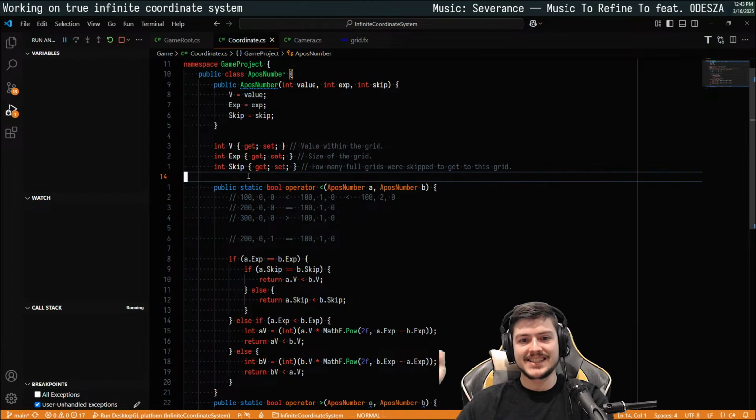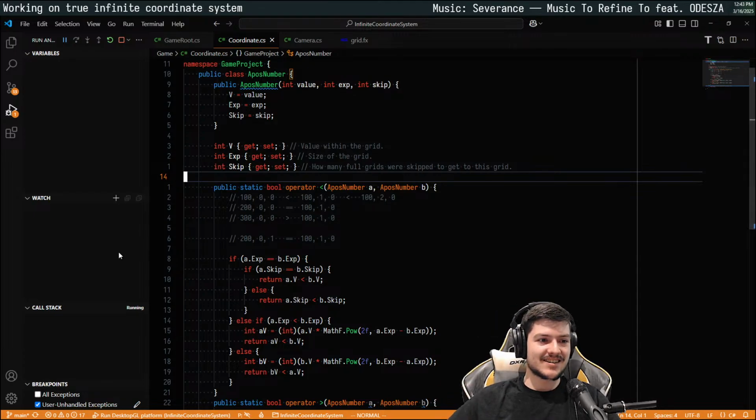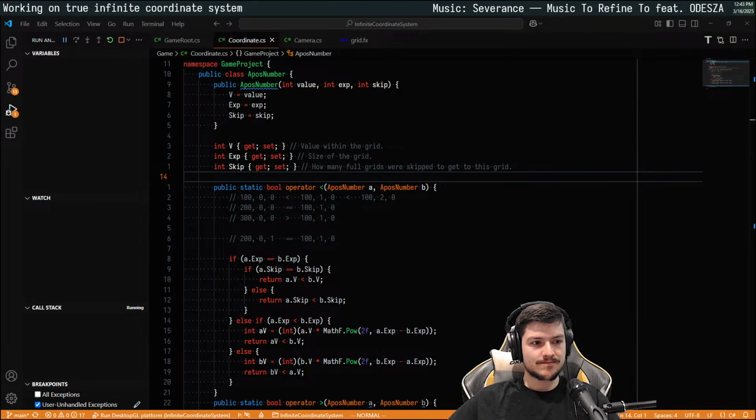How do I compare a sliding grid? Dang. Alright, that's true.